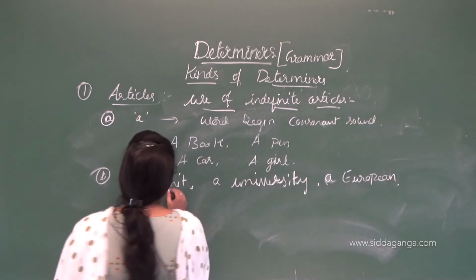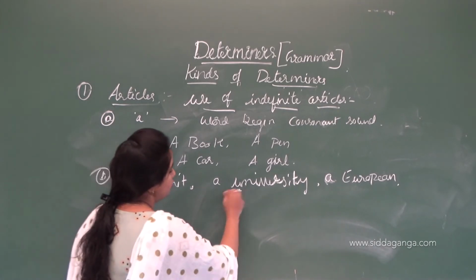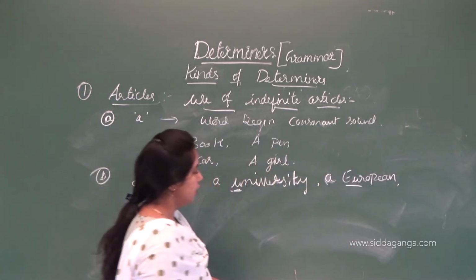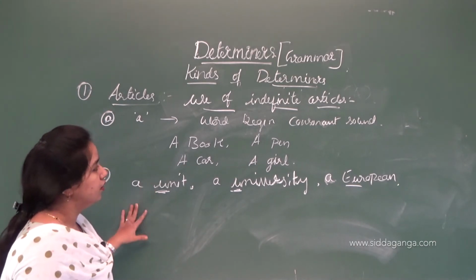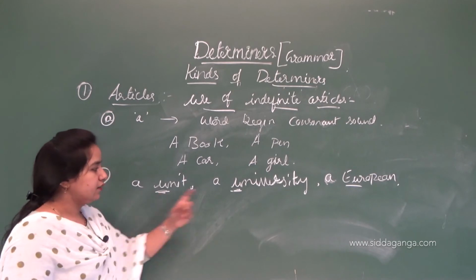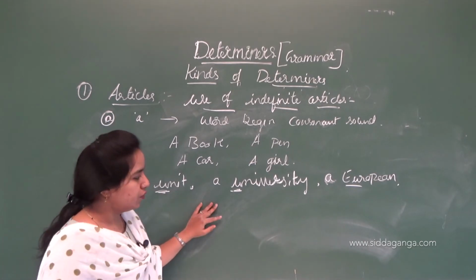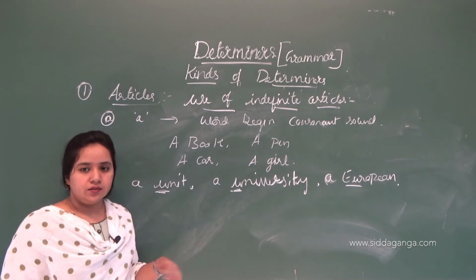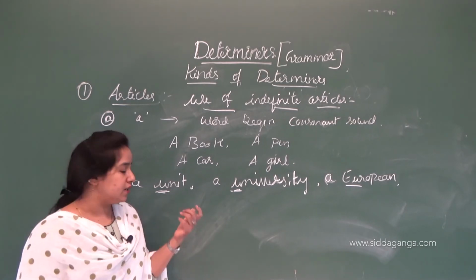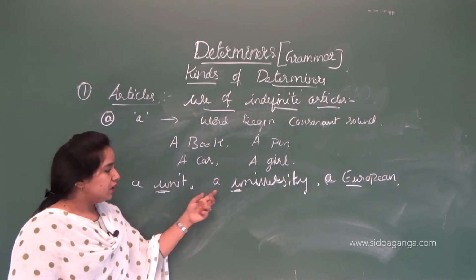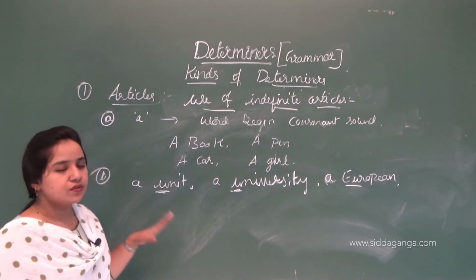You can see here it starts with the U sound, but the article we take here is a. Although it is a vowel letter, when we speak, the sound we make is the U sound, so we use the indefinite article a.